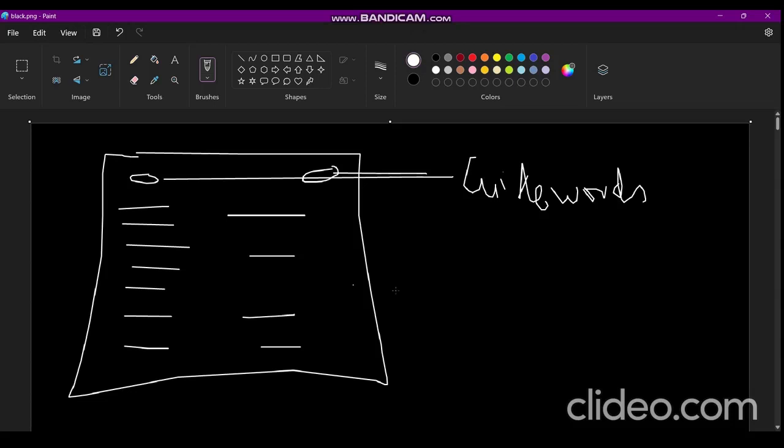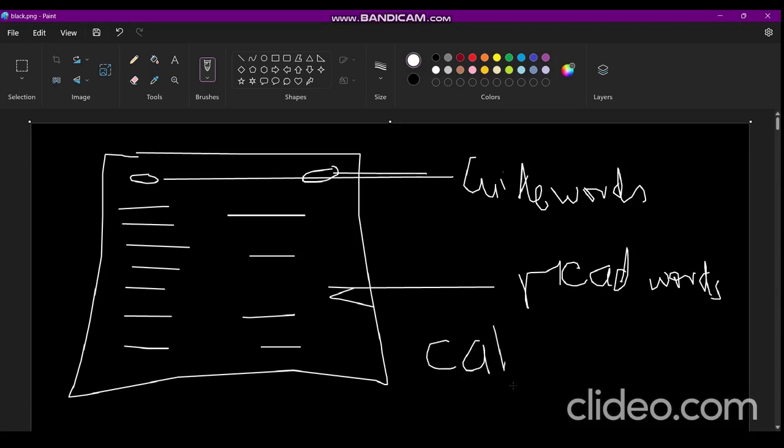And similarly, these other words are known as head words. When I refer to head words, I mean, let's suppose the word cab, and this is regarded as a head word, not the whole definition of the cab, just the cab.